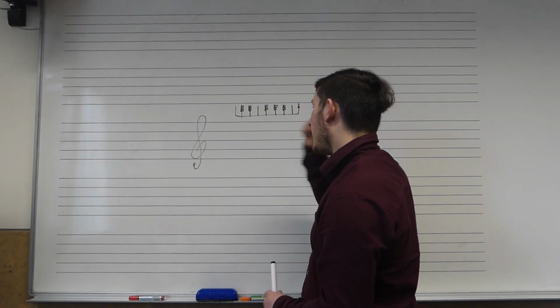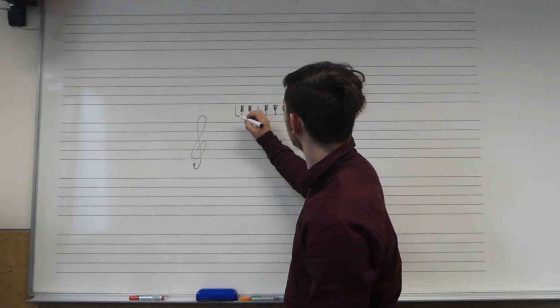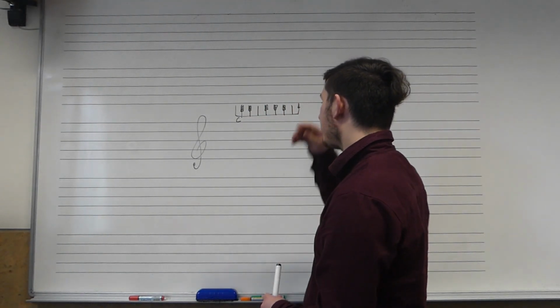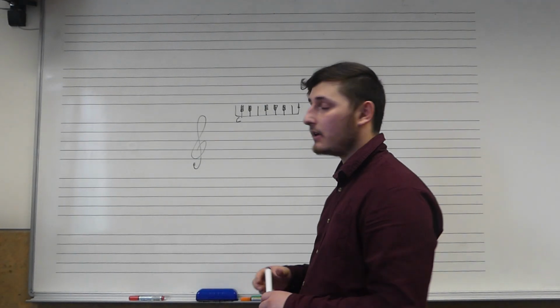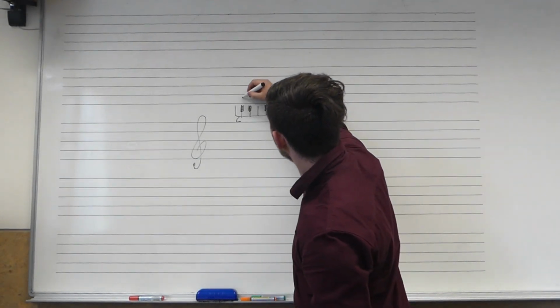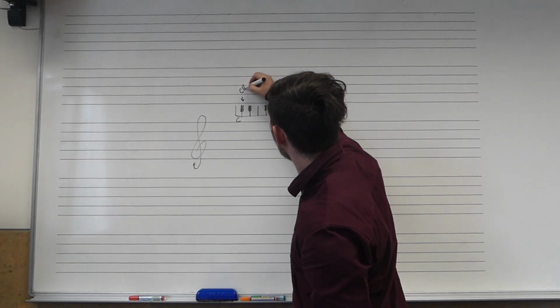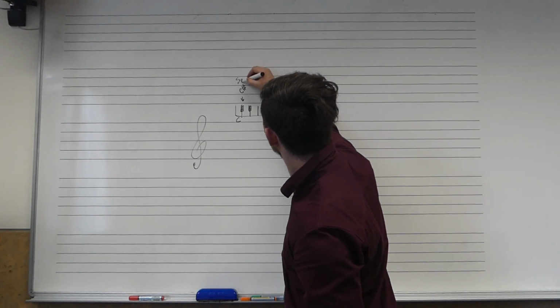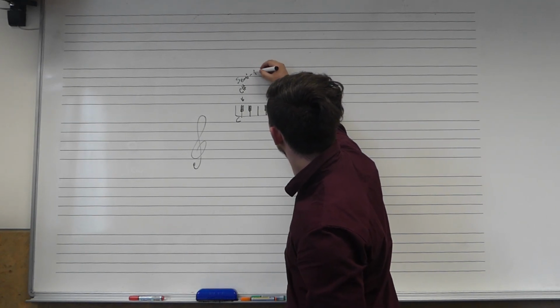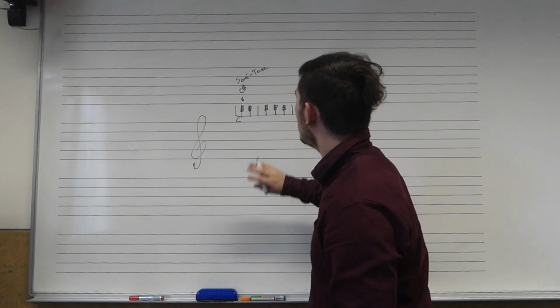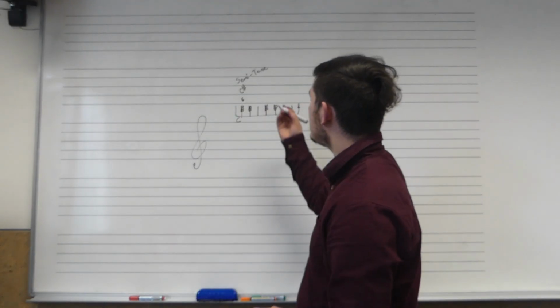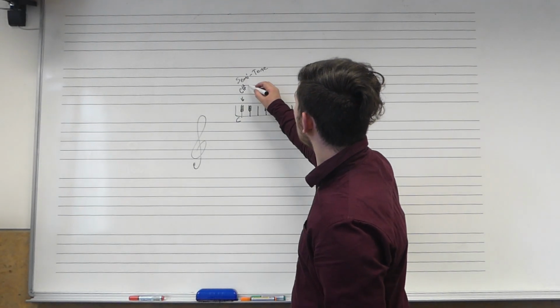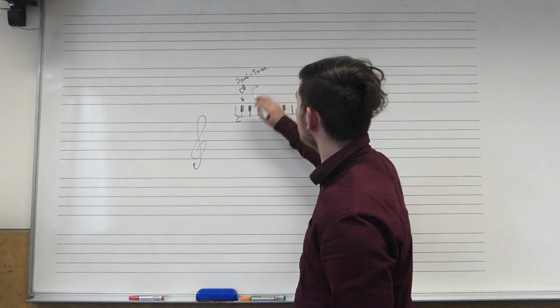Here we have C. Now, a semitone is one step above C. In this case, it's C sharp. So, a semitone above C is C sharp / D flat.